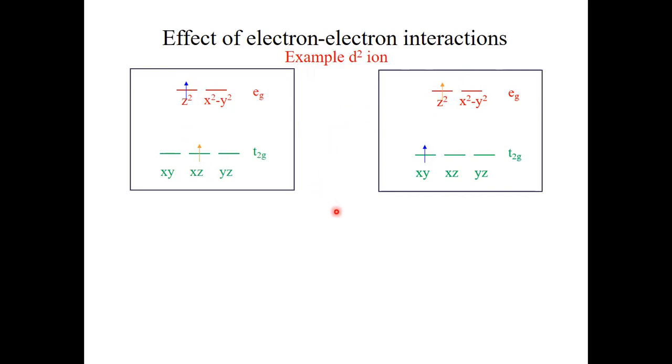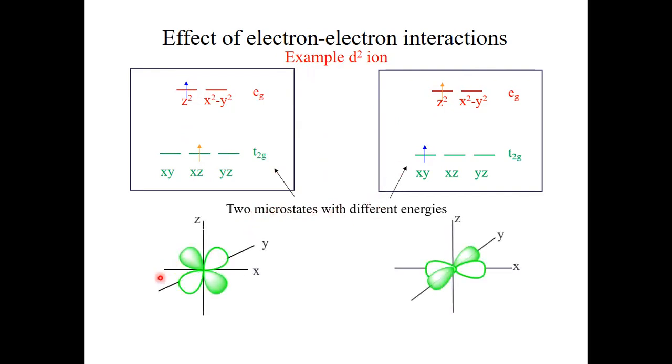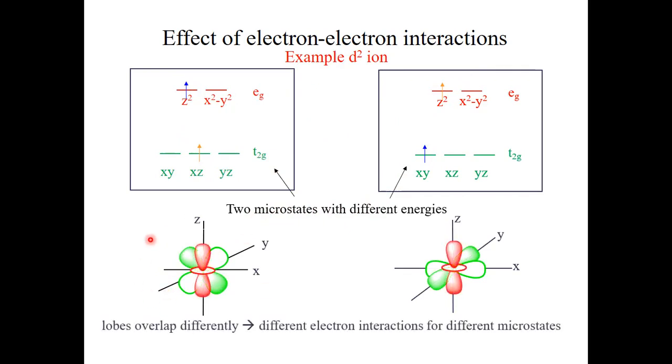But it's actually not plausible to assume that, considering that these orbitals have different shapes. As I said before, these two microstates have different energies, and we can explain this simply by geometric arguments. We just want to qualitatively understand this.